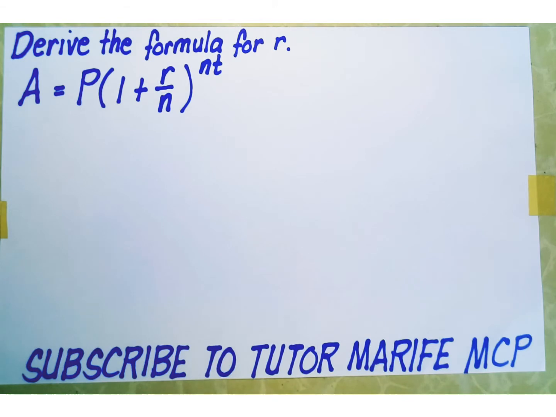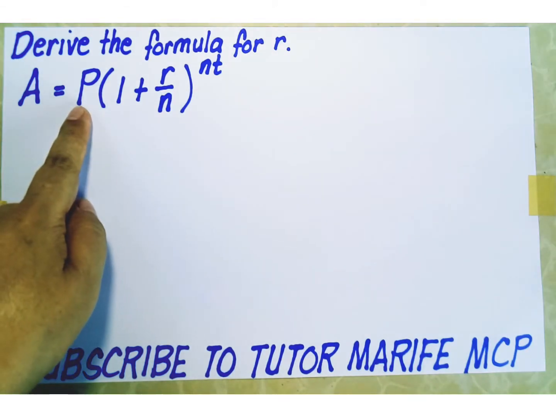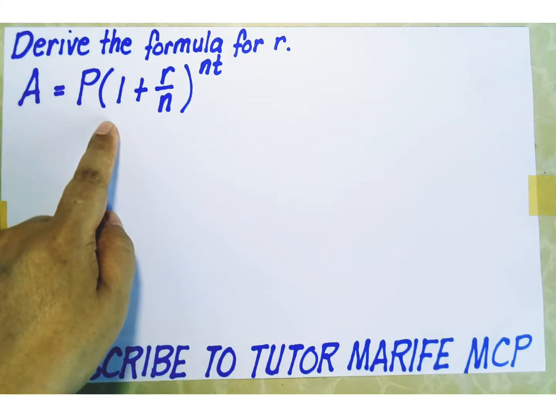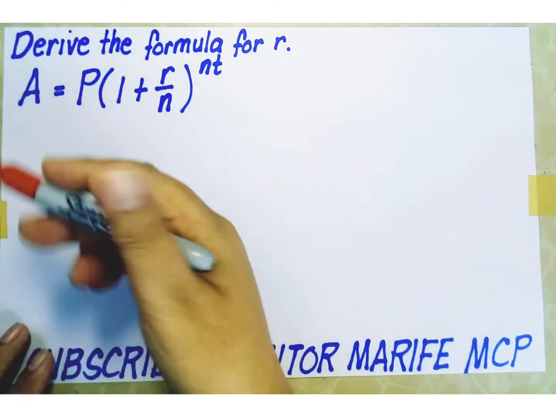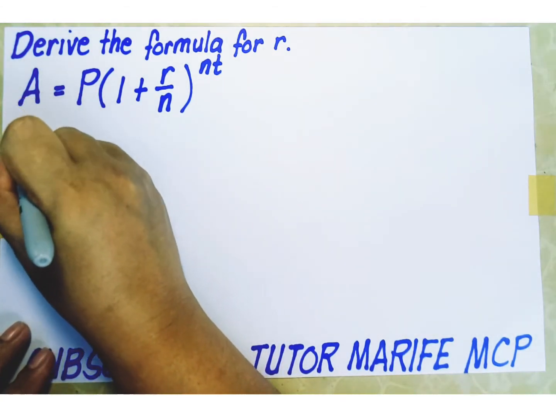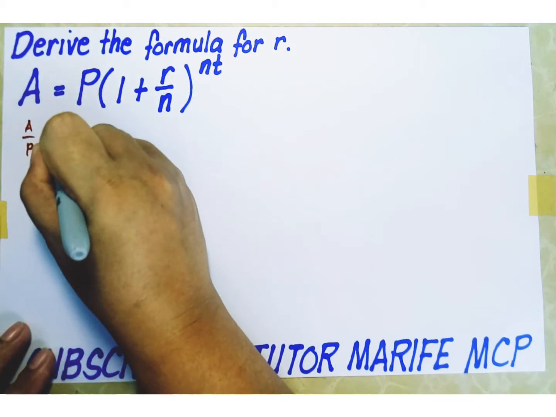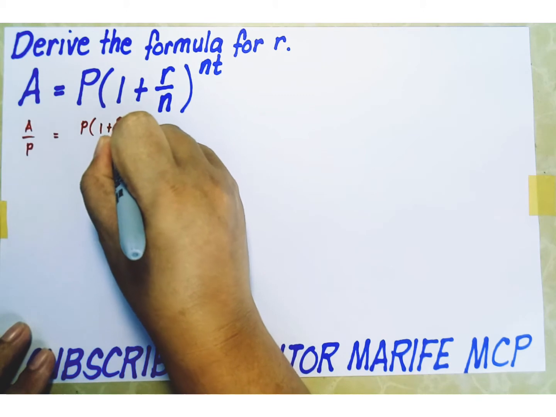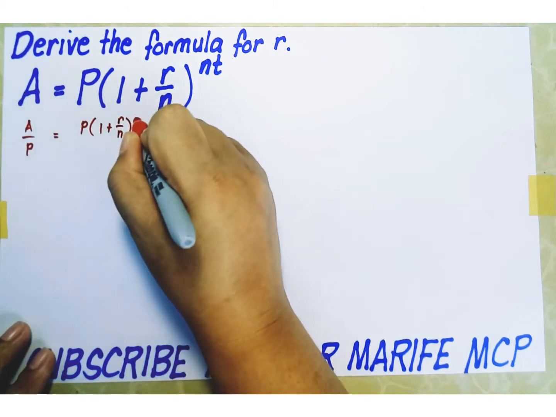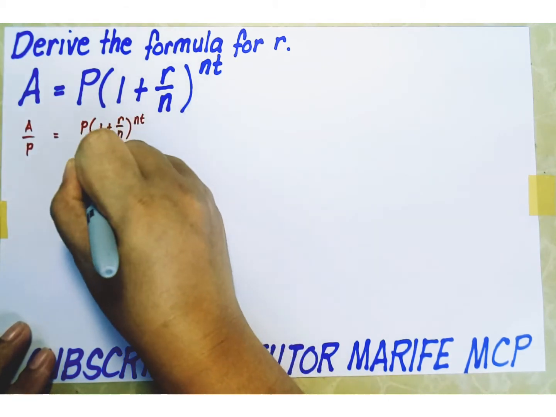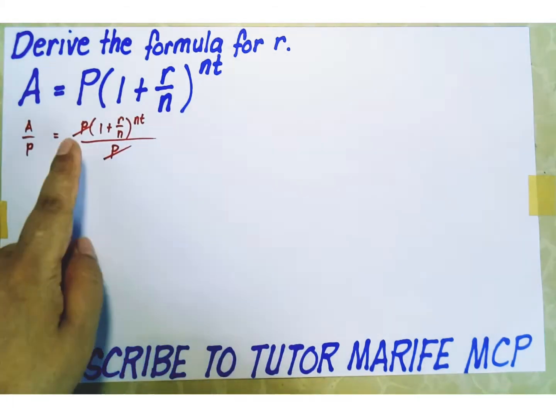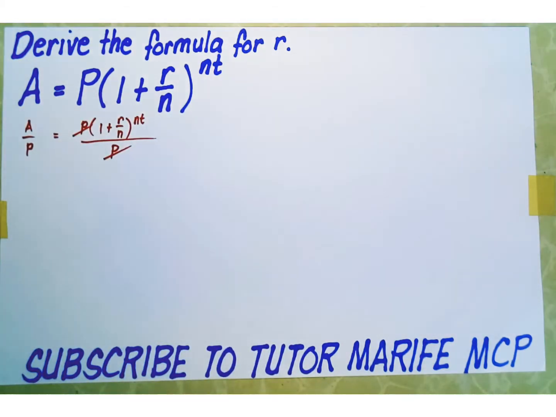Okay? So how to eliminate P from the right side? Divide both sides by P. A divided by P, right side divided by P. So P is cancelled.